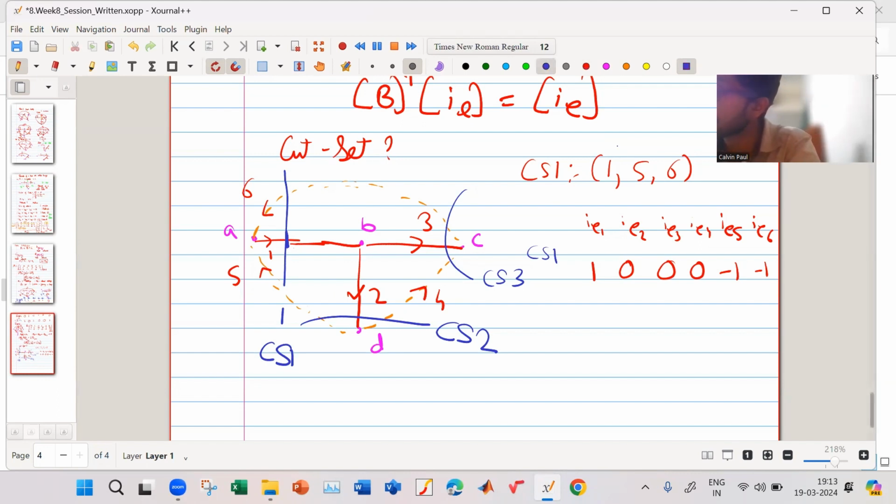Now we will consider cut set 2. So what will you write for cut set 2? 0, 1, 0, -1, -1, 0. Cut set 2 is 0, 1, 0, then -1, -1, 0. Okay. Anyone has doubt in this?